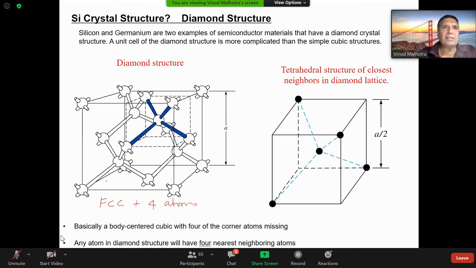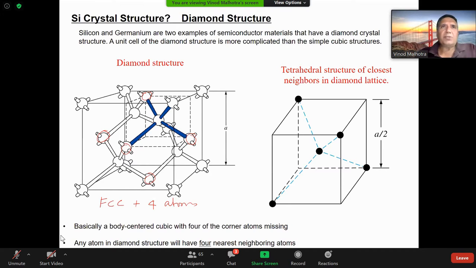So what is face-centered cubic? It is all the 8 corners, plus the center of the 6 faces: this is a face, this is a face, this is a face, this is a face at the bottom, this is a face, and then in the back, there is a face. So there are 6 faces. That's where the atoms are located.